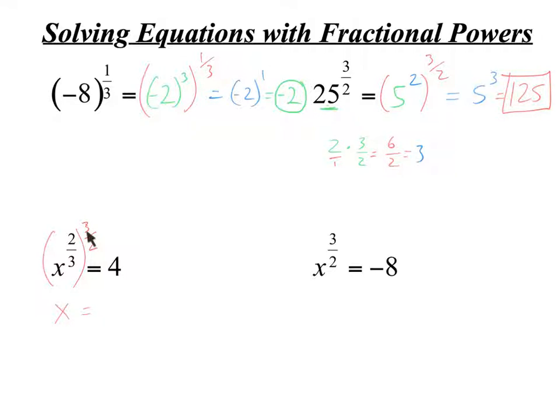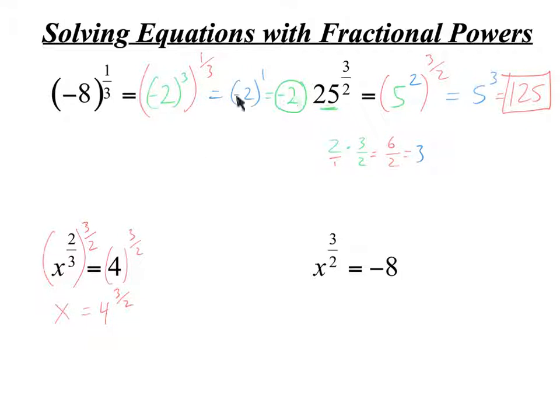If I take a 3 over 2 power of this, won't that become 6 over 6, which is 1? So if I do the reciprocal power, will I drop off the power and have x to the first, or x? But don't I have to do that to both sides? So what I now have is 4 to the 3 over 2 power.